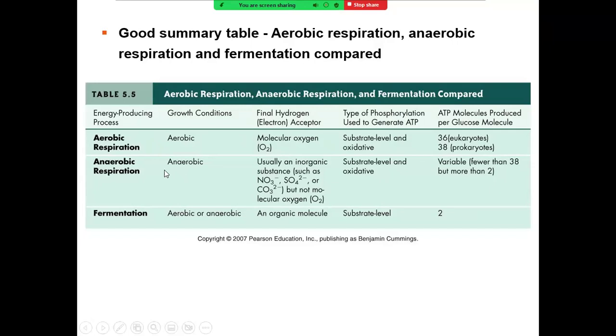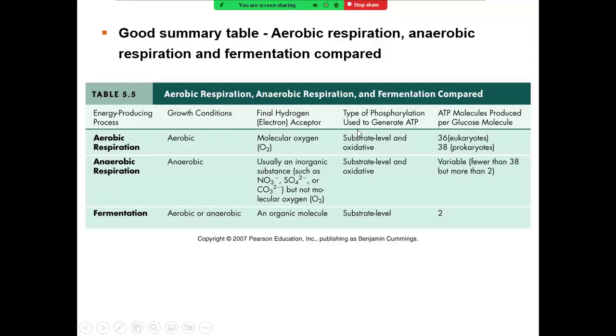Anaerobic respiration happens anaerobically. The final electron acceptor is a molecule other than oxygen. In fermentation, it's an organic molecule. And fermentation can be either in the presence of oxygen or without oxygen.